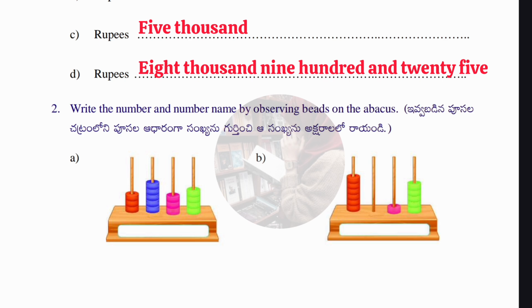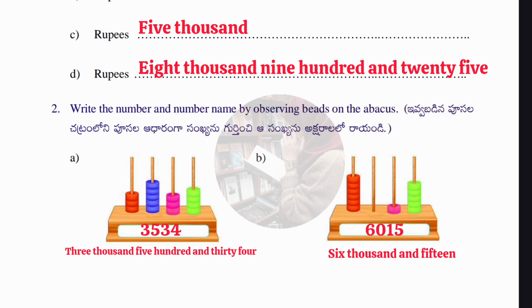Now we'll move to the second question, which is: write the numbers and number names by observing beads on the abacus. Here we have given two abacus. What we have to do is count the beads in each rod and write down the number, and at the same time write it in words form. In the first abacus we have 3,534.